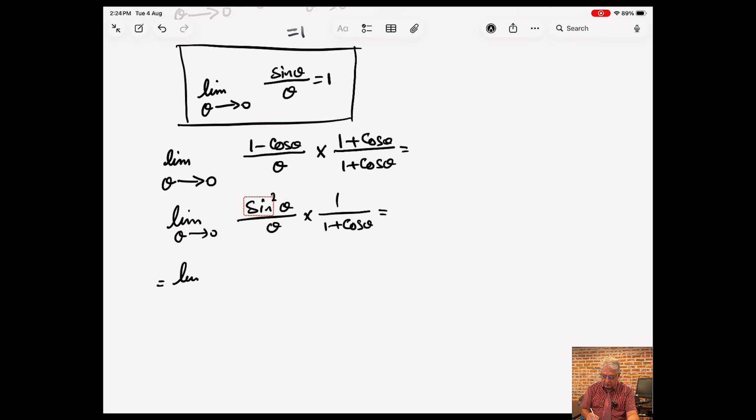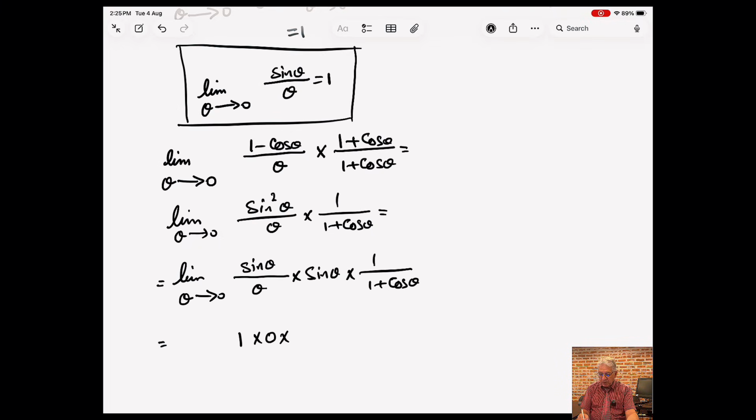I can write this as sine theta divided by theta times sine theta times 1 divided by 1 plus cos theta. The limit of the first factor we have already proved is 1, the sine theta factor goes to 0, and 1 divided by 1 plus cos 0 approaches 1 over 2. So the answer is 0.